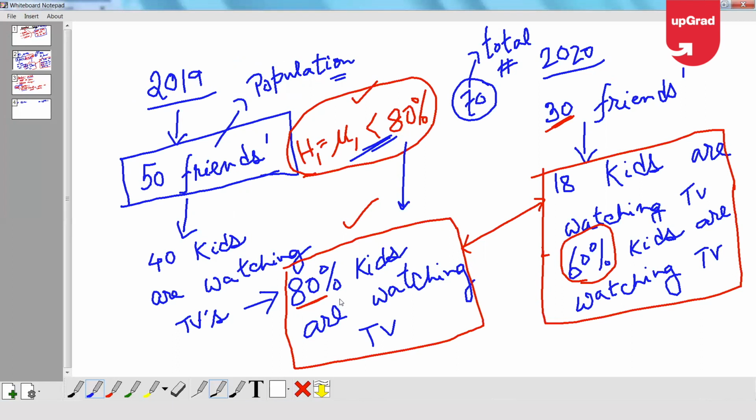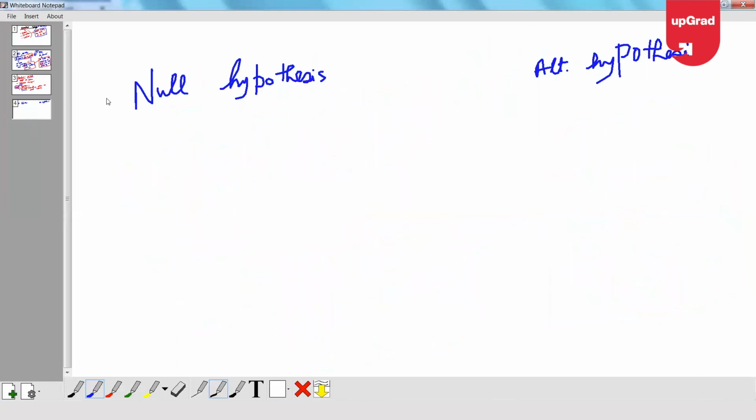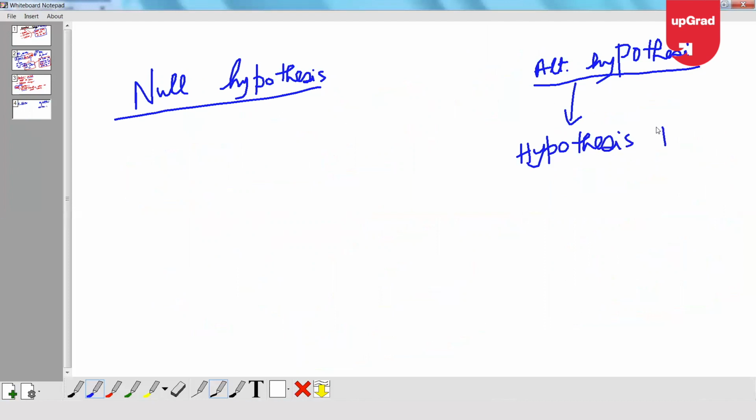Through my hypothesis testing. So in hypothesis testing, we try to test the alternate hypothesis, which in this case is mu1 less than 80. Sorry, my bad, there's no equal to here.